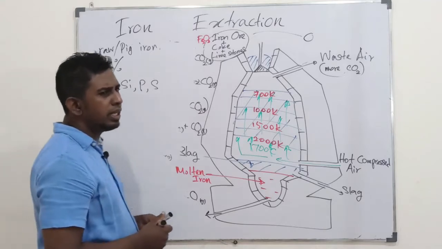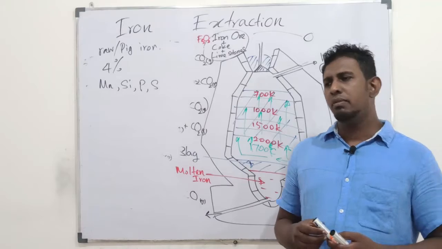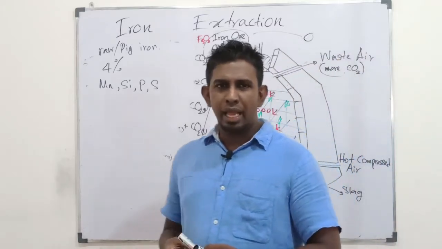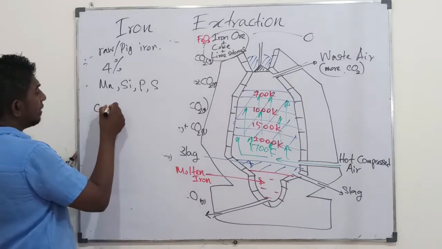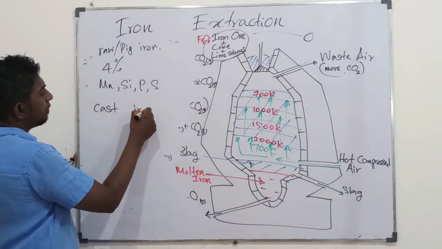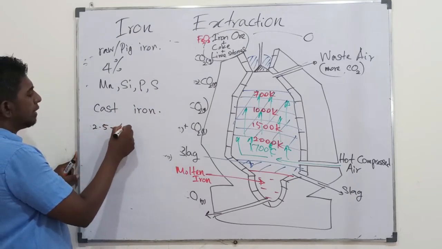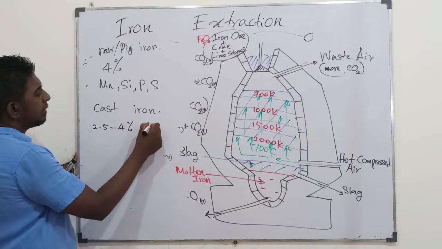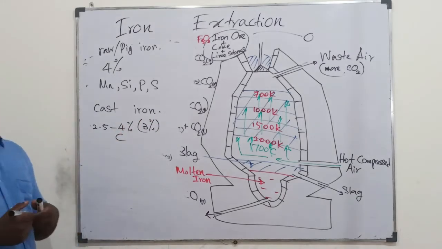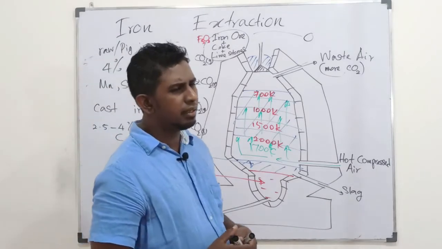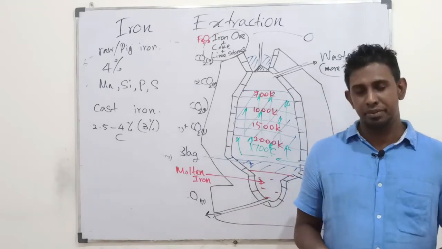Then if we heat this raw iron, this pig iron, with calcium oxide, we transform it into cast iron. Cast iron has 2.5 to 4%, or let's say 3%, of carbon. Then it is used in pipes and gates and such appliances.